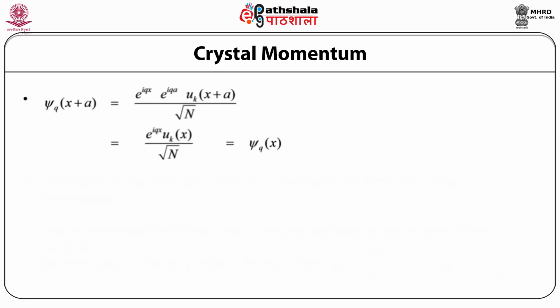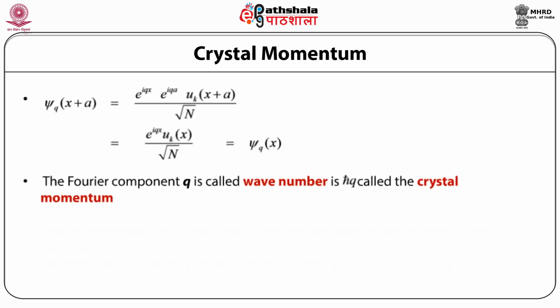This implies on the right hand side we have e raised to power iqx into e raised to power iqa u k function of x plus a divided by root of N, which is equal to e raised to power iqx u k x divided by root of N, which basically gets back phi q x. The Fourier component q is called the wave number and h cross q is called the crystal momentum. So you see here that the wave function is periodically repeated and the periodicity is a.